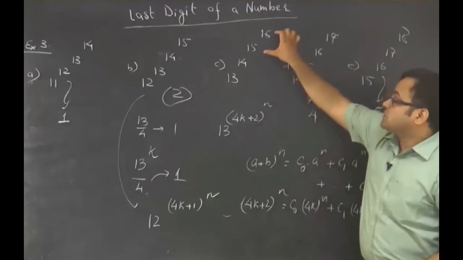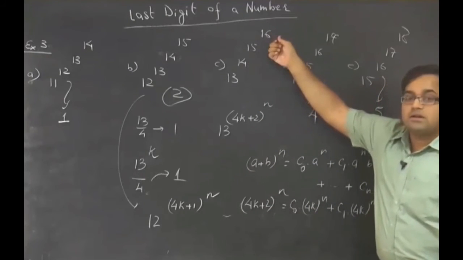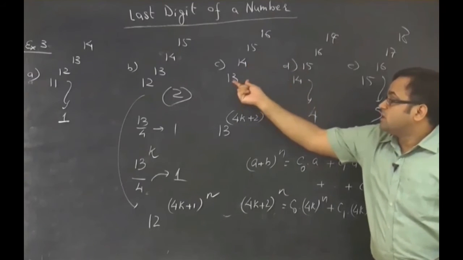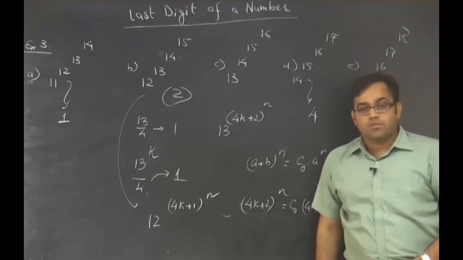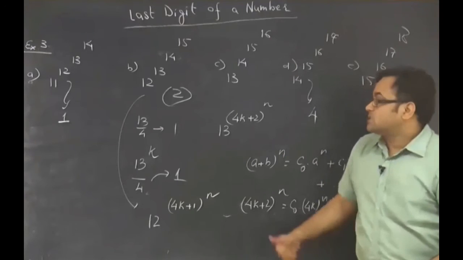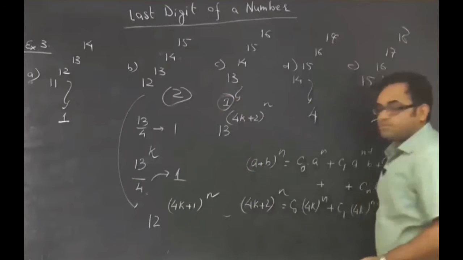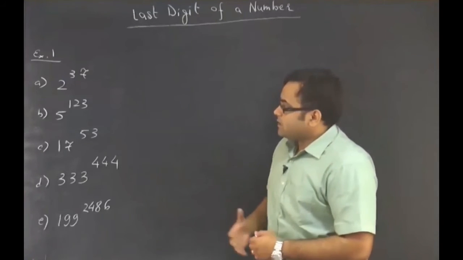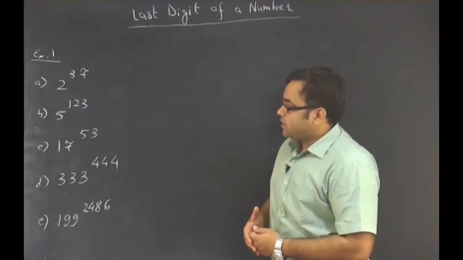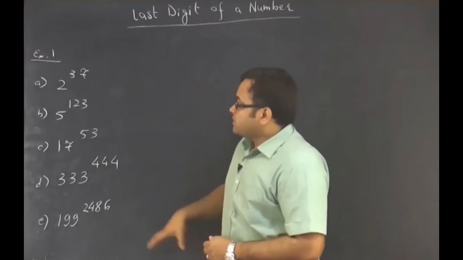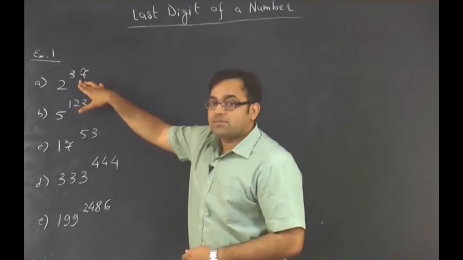So the remainder is 0. If the remainder is 0, this becomes 13 to the power 4, and 3 to the power 4 has last digit 1. So this last digit will also be 1. Looking at these 5 questions which are a part of the first example, the first one is 2 to the power 37.